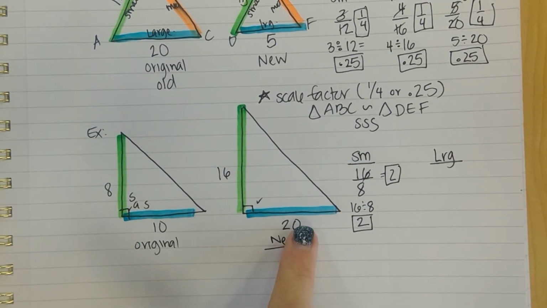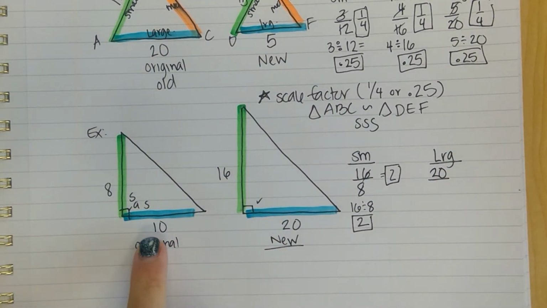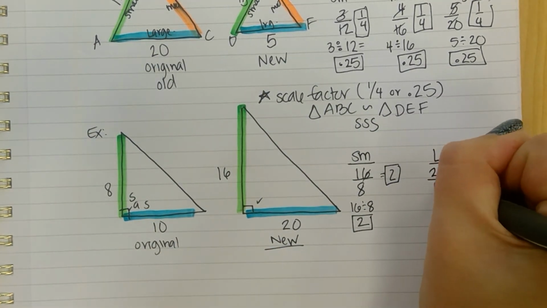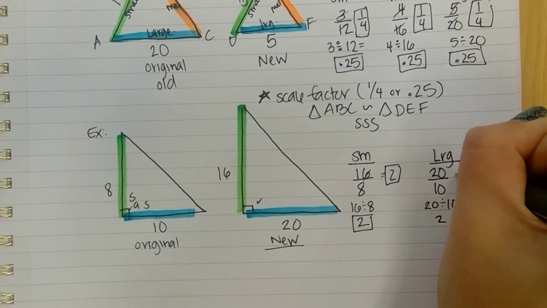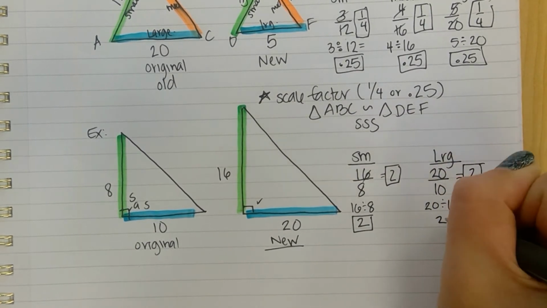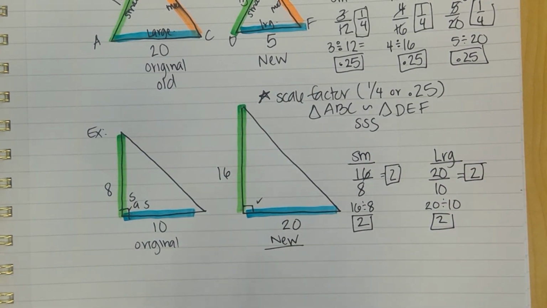I'm going to check my blue side, my larger side. My longer side on the second triangle is 20. The longer side on my smaller triangle is 10. 20 divided by 10 is 2. And I get that my scale factor is 2 on both.